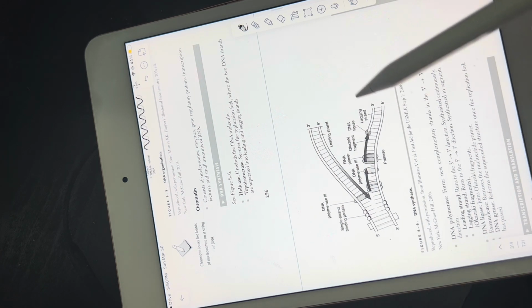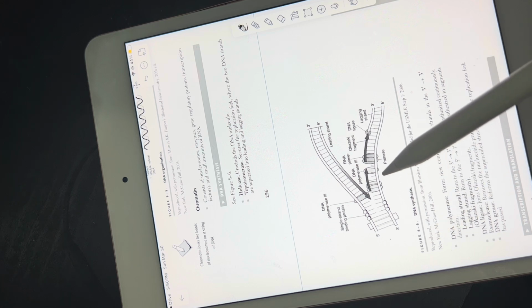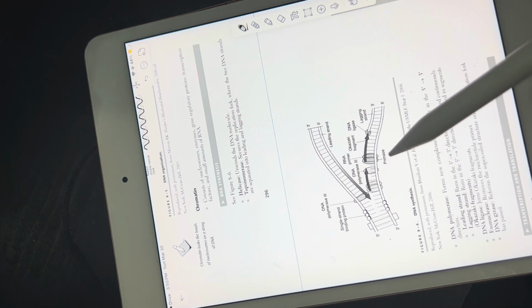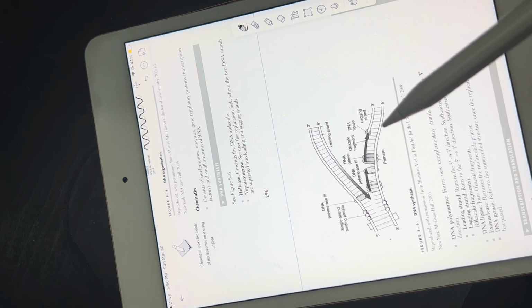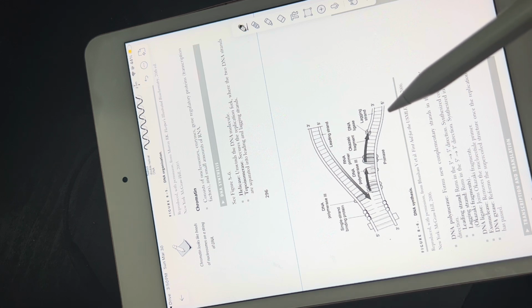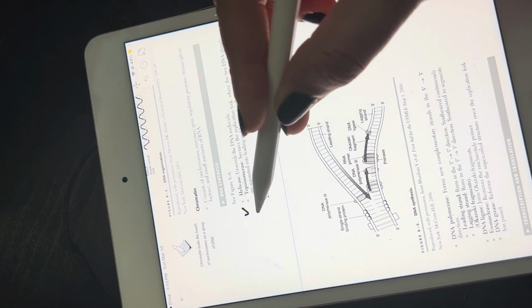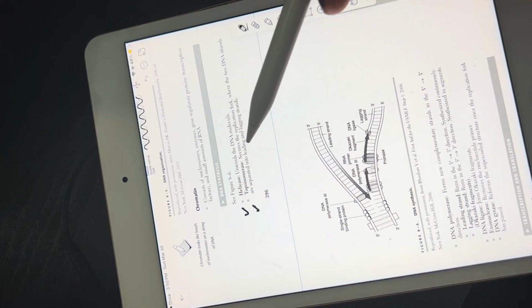These are their functions: some enzymes are joining, some help in DNA production, some break or unwind the strand. This is very important, the names and what the enzymes are used for.